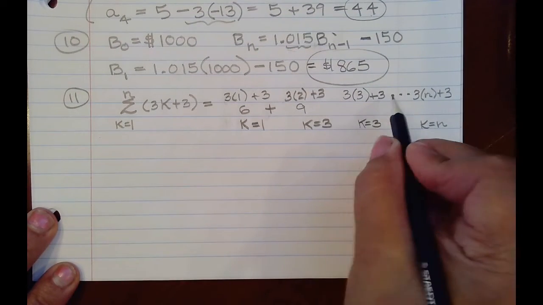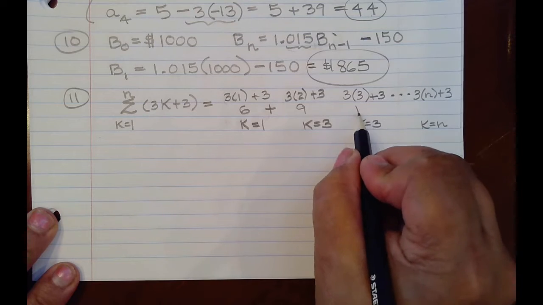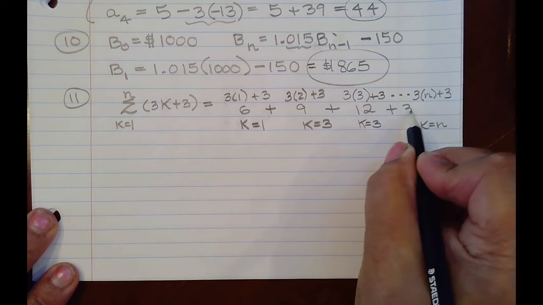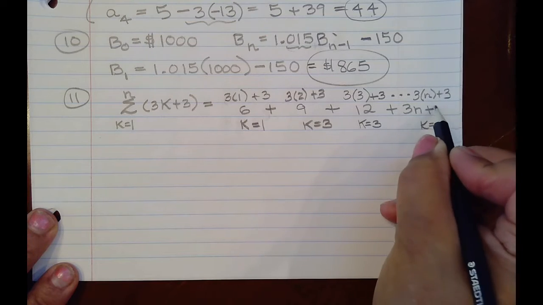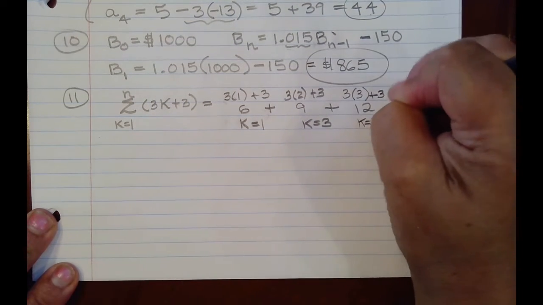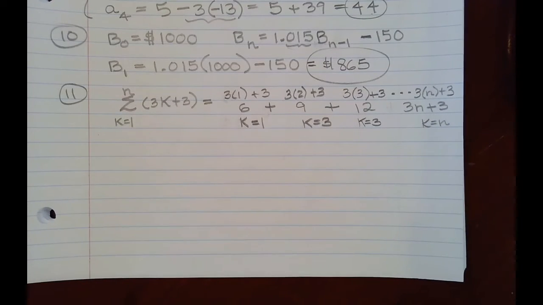So this would be 9 plus 3 is 12, and then this would be 3n plus 3. You can do that last term so that you're leading up to the formula.